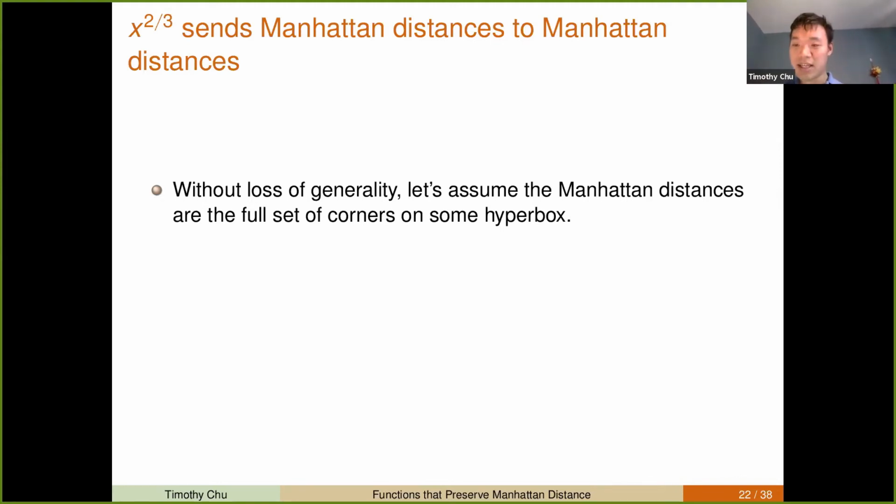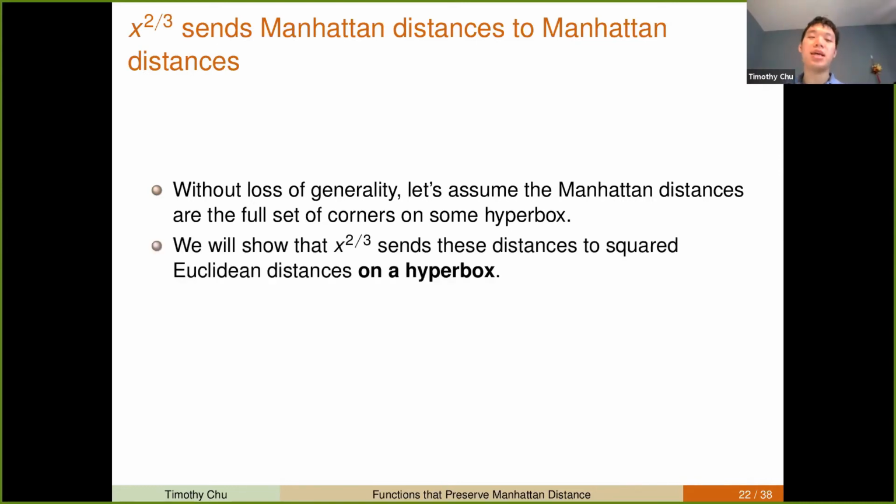Without loss of generality, as mentioned before, you can assume the Manhattan distances are the full set of corners on some hyperbox. This is because any Manhattan distance embeds into a subset. Next, we will show that x to the 2/3 sends these distances to squared Euclidean distances. And moreover, it sends it to squared Euclidean distances on a hyperbox. So a very structured set of squared Euclidean distances.